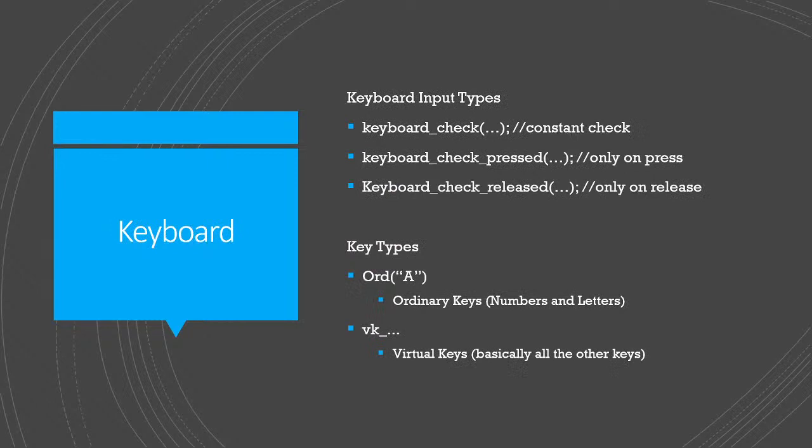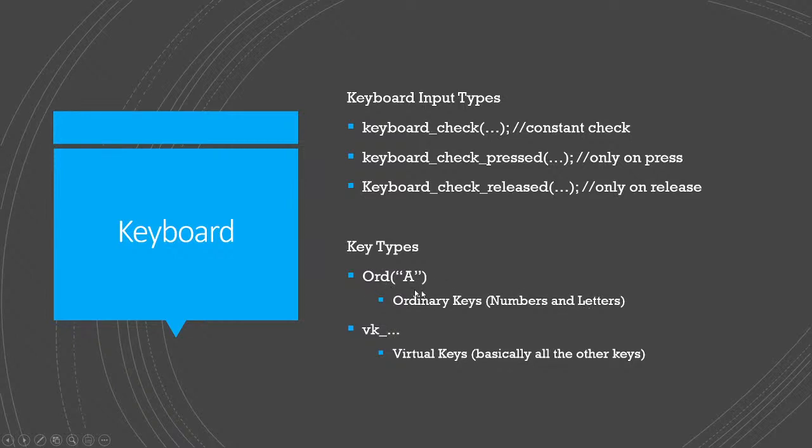All right, so we're looking at just keyboards right now. So keyboard inputs, we're going back to the button layout, and we have keyboard check, keyboard check pressed, and keyboard check released. So this is a hold trigger, this is an on press trigger, this is an on release trigger. So you'll basically say, okay, I want you to check this certain key. All number and letter keys are going to have to be written in ord.